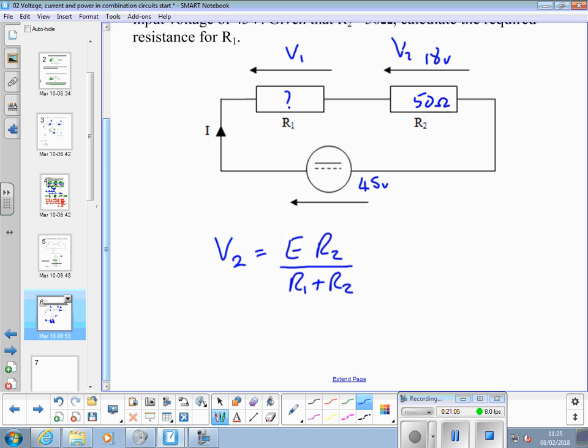Now we've got to get R1 on its own. Bear in mind that that implies brackets there. What could we do?